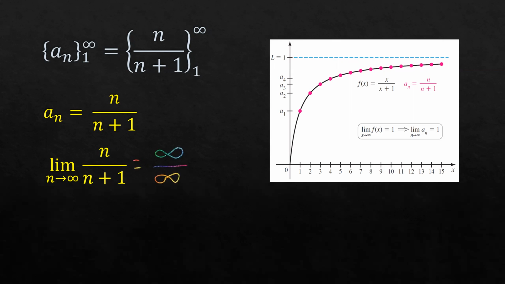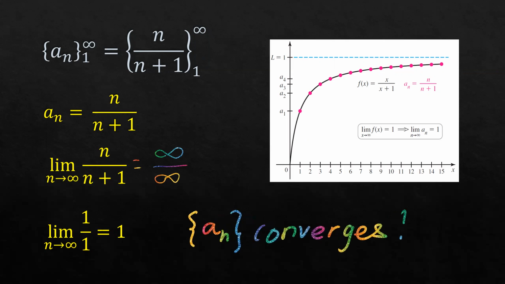Because this is infinity over infinity, which is one of those indeterminate forms that we know, and L'Hopital's rule will apply, we can go ahead and take the derivative of the numerator and the derivative of the denominator. So that would be the limit of 1 over 1, which is 1, just as we have seen here in the picture, right? So again, the sequence a_n converges to 1, okay?